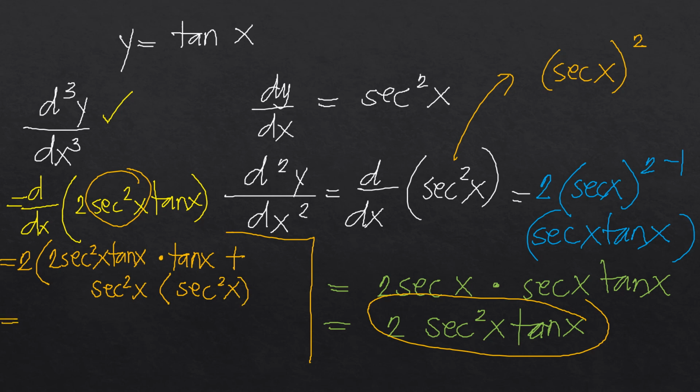So, magiging sagot natin dyan, we combine like terms, combine the constant, 2 times 2 is 4. 4 secant squared x tangent squared x, kasi tangent x times tangent x is tangent squared x, plus secant raised to 4 x.